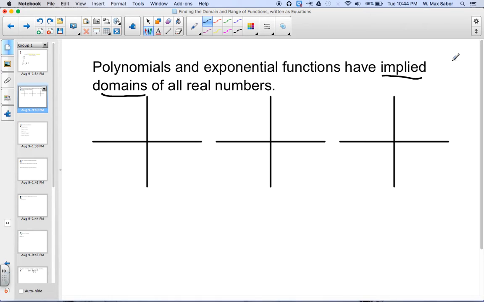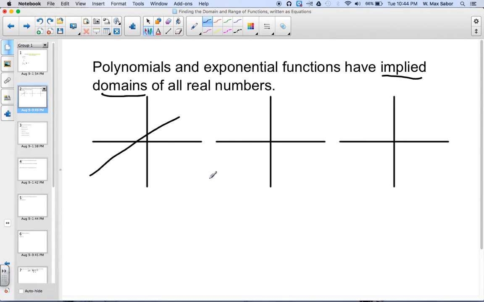If we're in the context of a word problem, it might tell you more things, like that the values have to be positive, that you can't buy a negative number of tickets, or a fractional number of textbooks, or something like that. But just for the equation, it has implied domains, and those will be all real numbers.